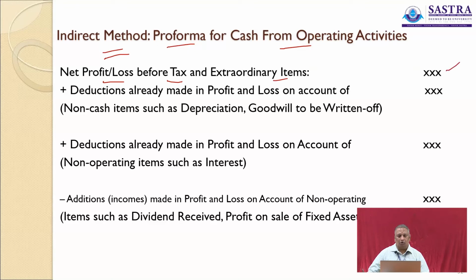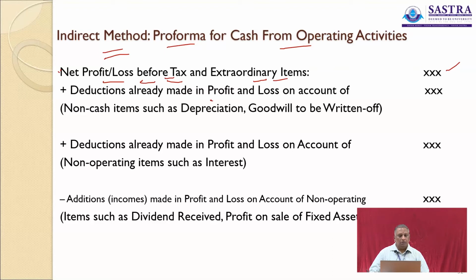If the net profit given in the question is arrived at after deducting tax and the extraordinary item, you should add it back to get the net profit before tax and before extraordinary item. That should be considered here.